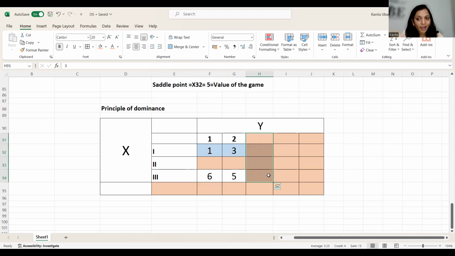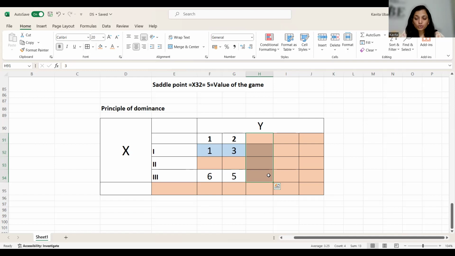Again, we can start with rows. As per your convenience, you can start with rows or columns. If you have started with rows, in the next iteration we can apply it on columns. If you are doing it by columns and in between you want to cancel a row, you can do that.